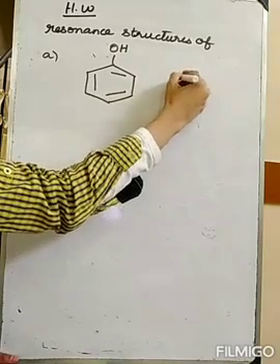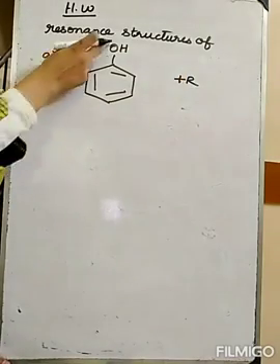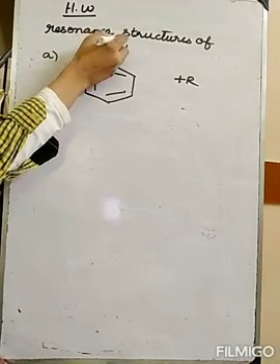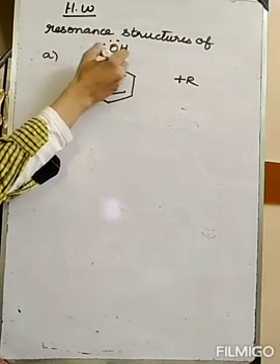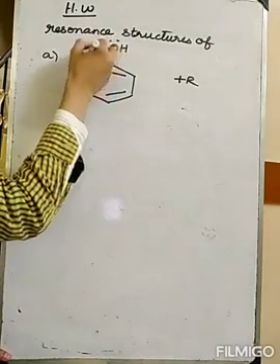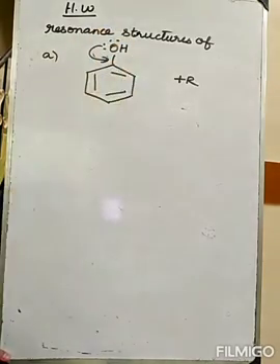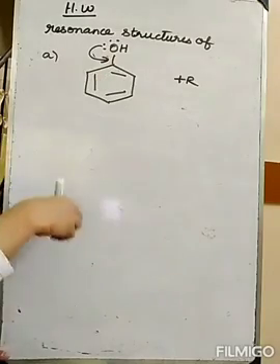So it will show plus R effect. Plus R effect means you should know it will donate the electron. It will have two lone pairs of electrons. It will donate one lone pair. So it will donate this lone pair and it will get positive charge. This will come this side. Okay, so like that you should draw the resonance structures.